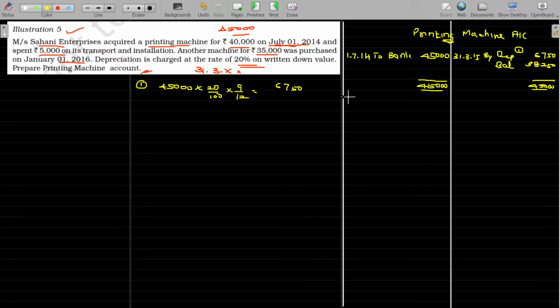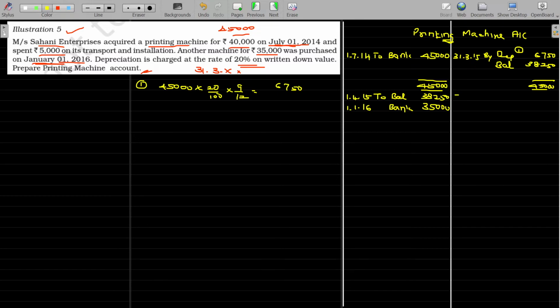In the next year beginning, 1st April 15, to balance brought down 38,250. This year gets over by 31st March 2016. But halfway through, we purchase one more asset on 1st January. So 1st January 16, to bank, we purchased another asset for rupees 35,000.